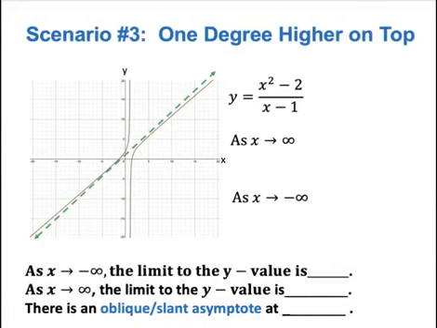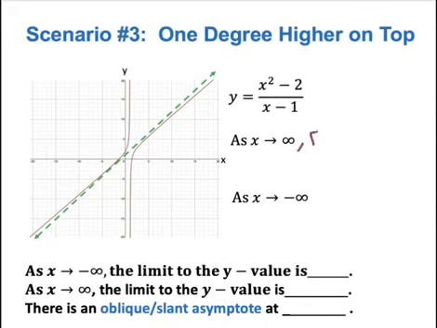Now let's look at the third scenario, where we have 1 degree higher on top. I have here the rational function y equals x squared minus 2 over x minus 1. If you notice the graph here, as x goes towards positive infinity, notice that f of x, or the y values, are increasing without bound.